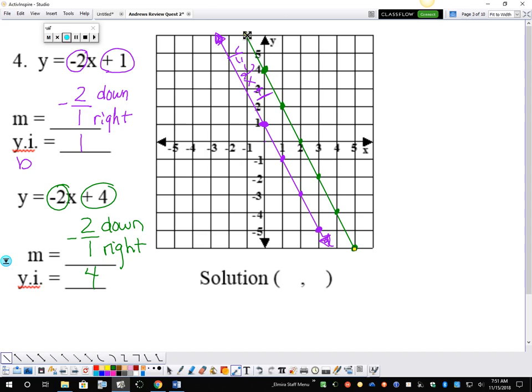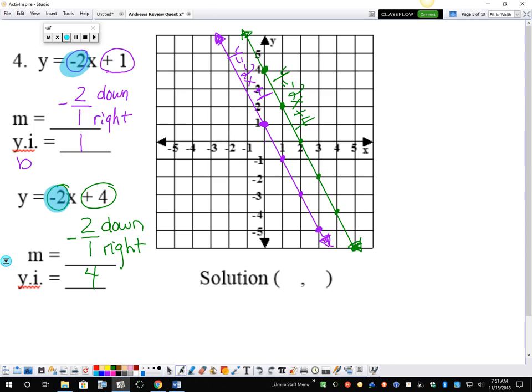And these lines, as you can see, are parallel. They're parallel because they have the exact same slope. Okay? They both have a slope of -2. So they're going to move in the exact same way.